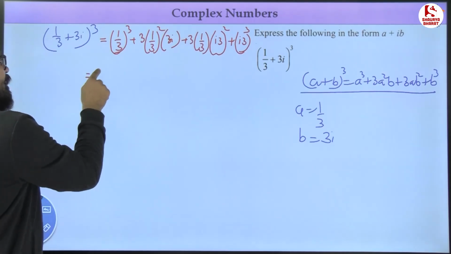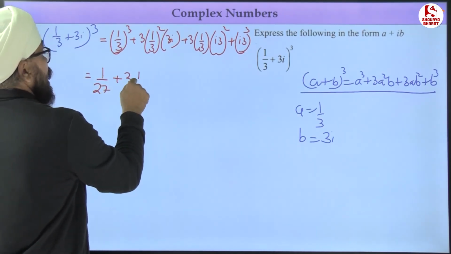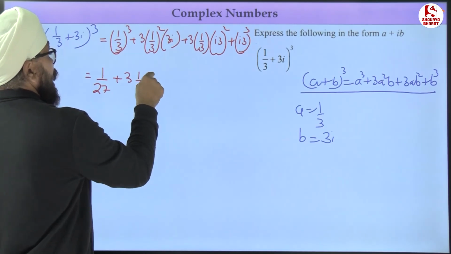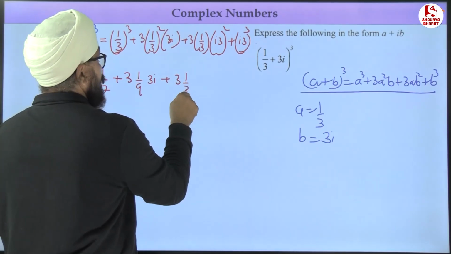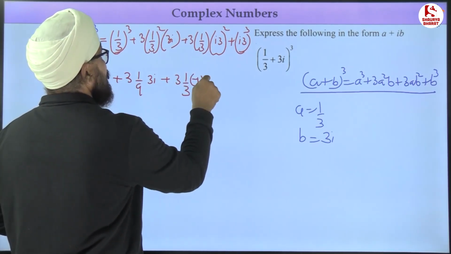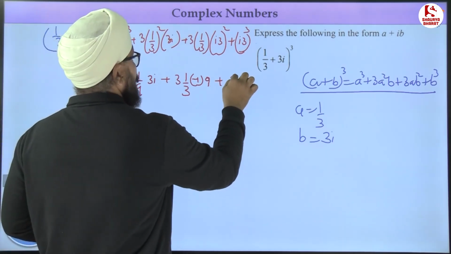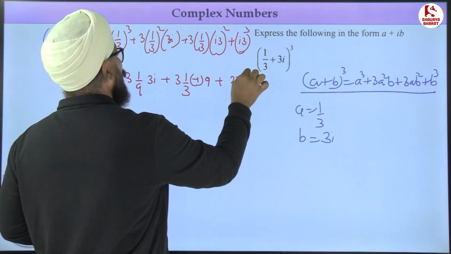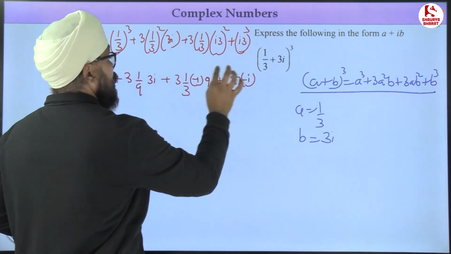So, when we simplify, this becomes 27. Here this becomes 3 and 1 upon 9 and 3 iota, isn't it? And this becomes 3 and 1 upon 3, and iota square is minus 1 and 3 square is 9. Clear? And finally, this one is 27 iota cube. Iota cube gives you a minus sign, so I am writing here minus iota.